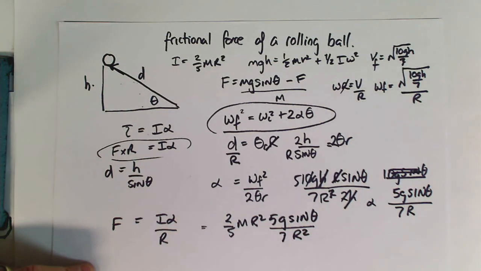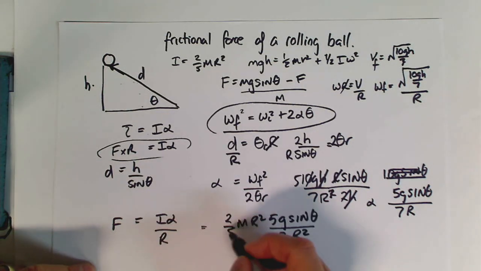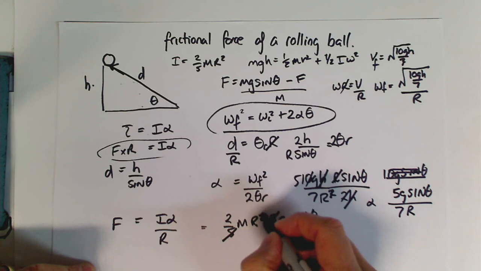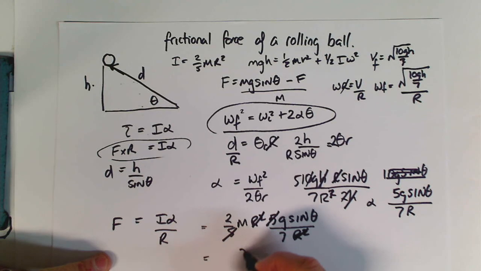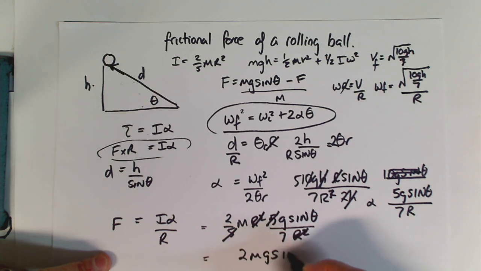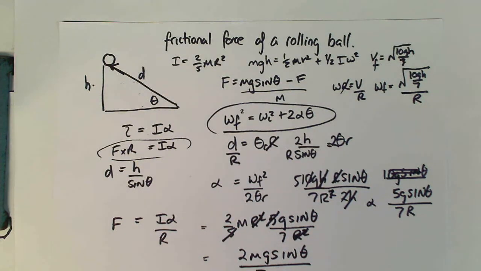So that's our expression for frictional force. All we need to do now is do our cancellings. And what have we got? We've got 2mg sine theta all divided by 7. And we are done. Nice job.